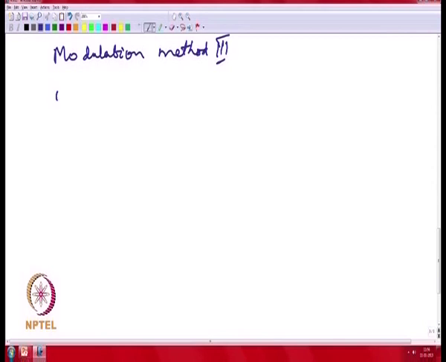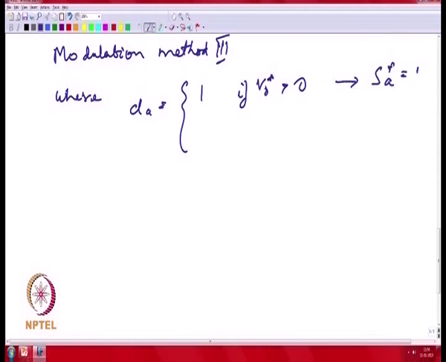Where dA is 1 if VO star is positive. So, this would correspond to SA plus being equal to 1 and 0 otherwise.